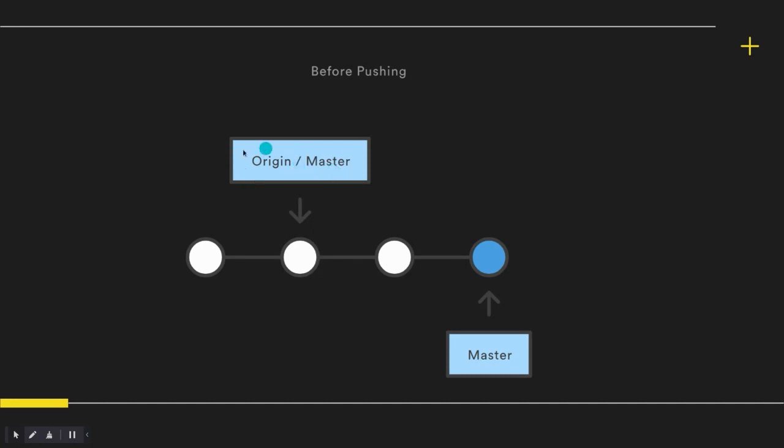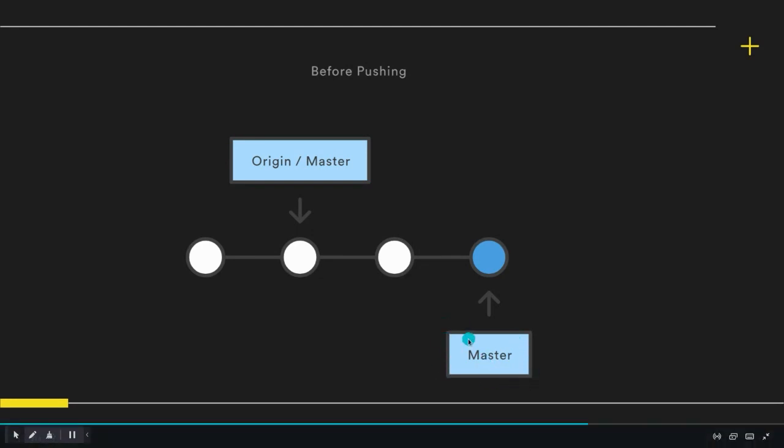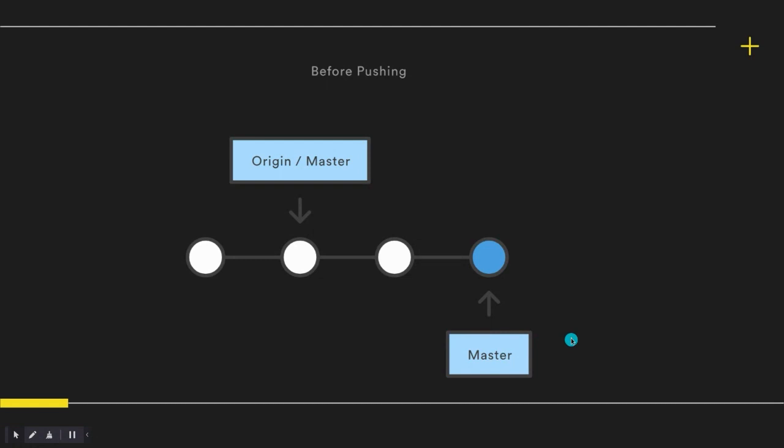What is origin? Origin is the default name of any remote repository we have. And what is master? Master can be referred to as the default branch of any repository. It can be master, it can be main. And this is our local repository, where we are making the changes locally. So this is our local master branch.